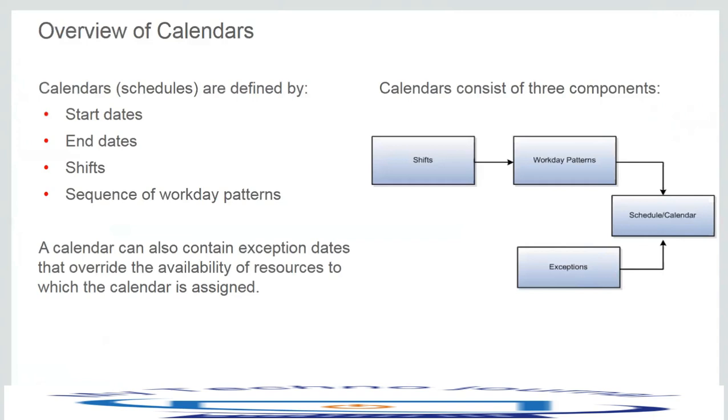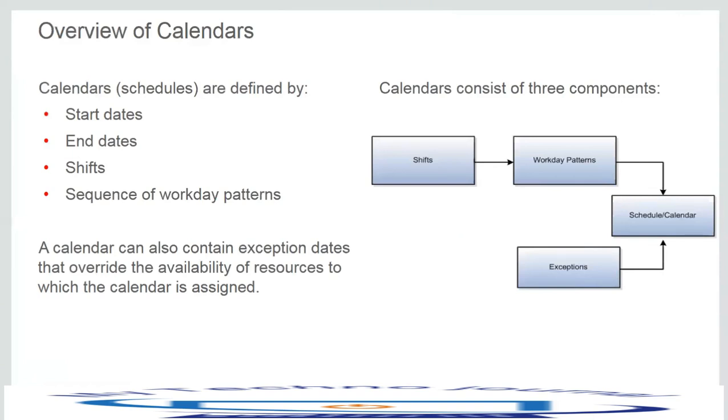A shift is a period of time typically expressed in hours, and it can be defined by a start time and an end time, or a duration from a specific start time. A workday pattern is a collection of shifts for a specific number of days.